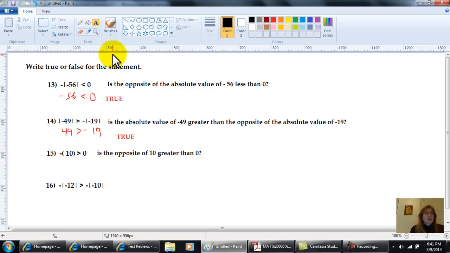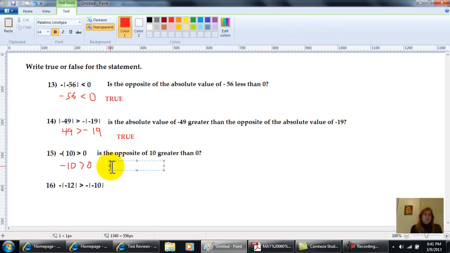And let's solve it like it's order of operations. And so the opposite of the number 10 is negative 10. Is negative 10 greater than 0? Well, negative numbers are less than 0, so negative 10 cannot be greater than 0. So then our answer there is false.